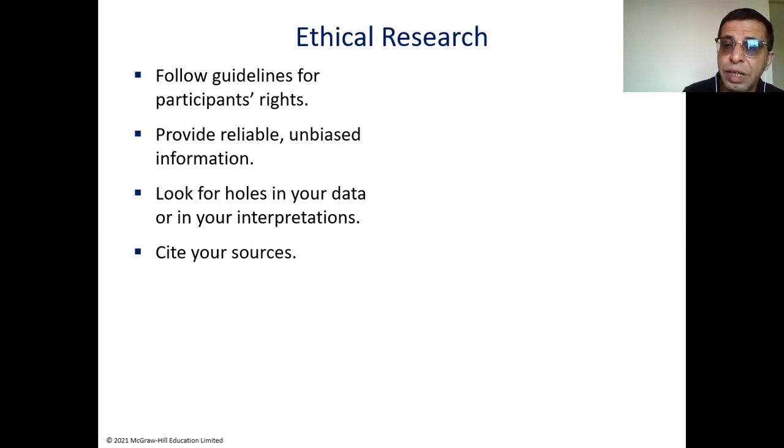You need to follow the guidelines for participation rights, provide reliable, unbiased information, look for a hole in your data or in your interpretation or in your question, and cite your sources.